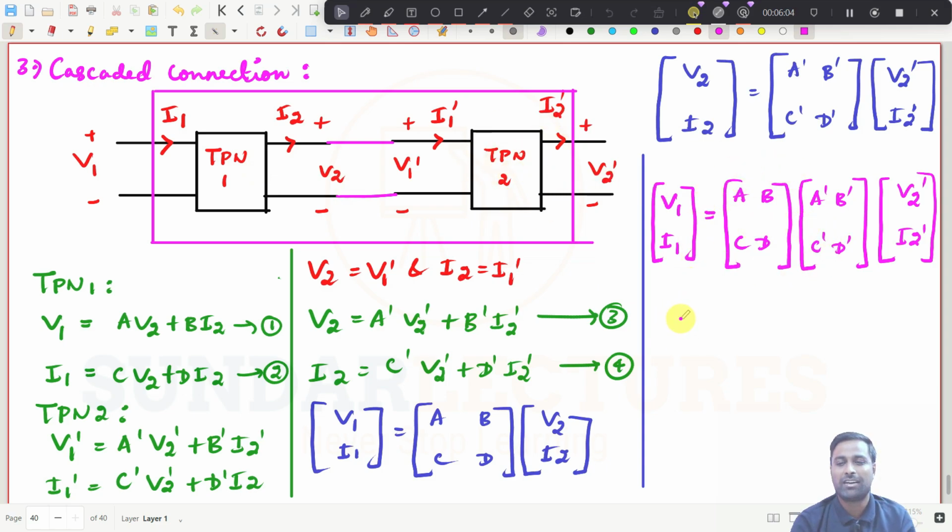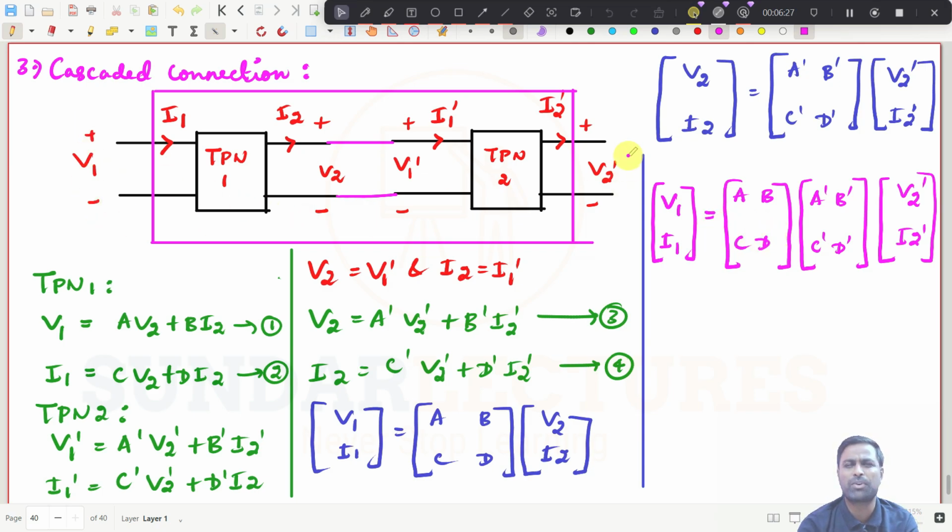So this is the multiplication of two different ABCD parameter networks. If you have any two-port networks connected in cascaded manner, you just multiply the two-port network ABCD parameters and you can write like this.